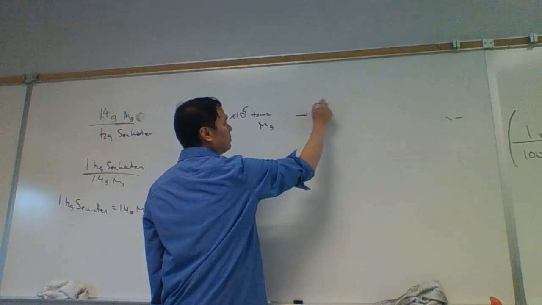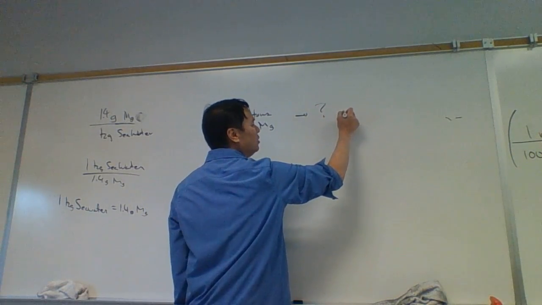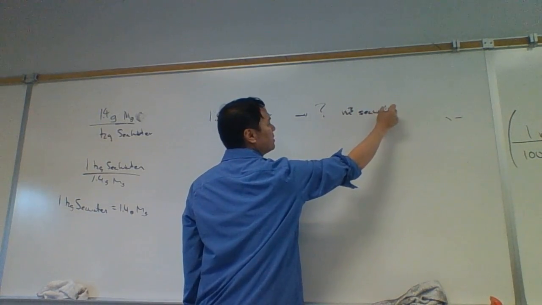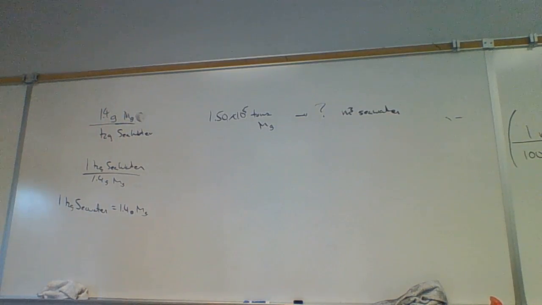And the question is, how many cubic meters of seawater do we need to process in order to recover this? Well, 1.50 times 10 to the 5th would be how many? 150,000 tons of magnesium.